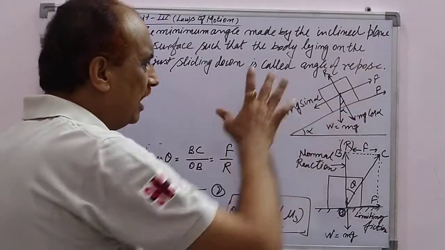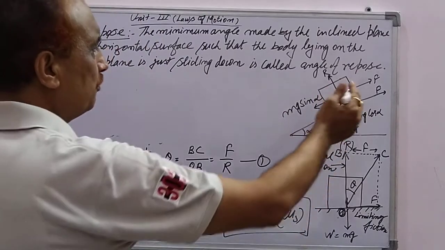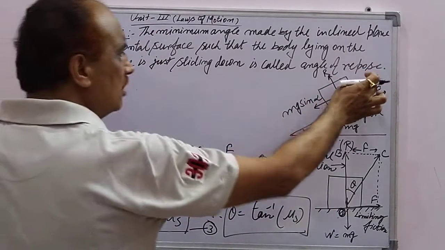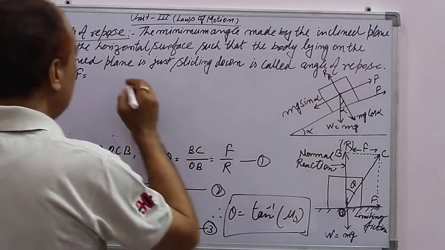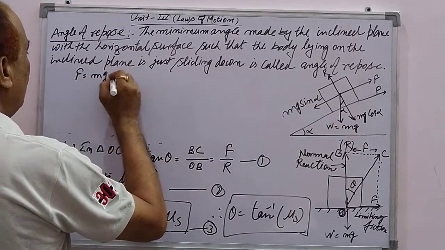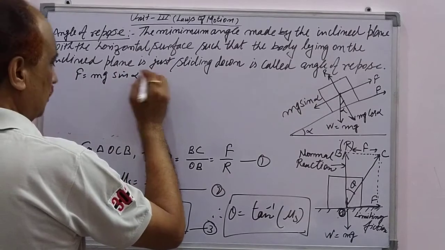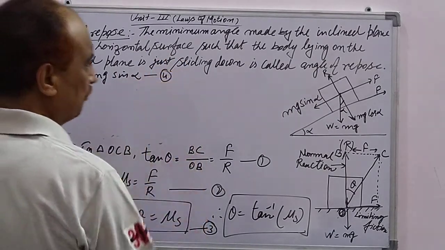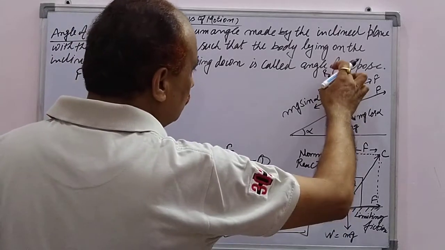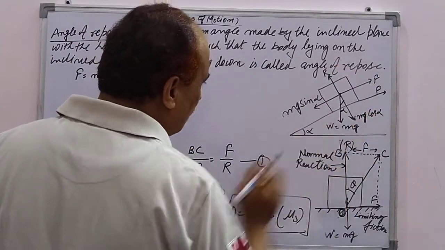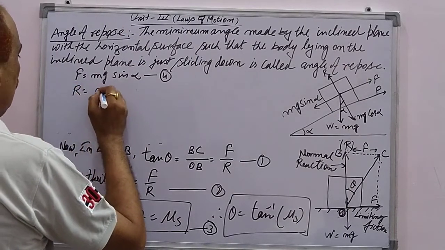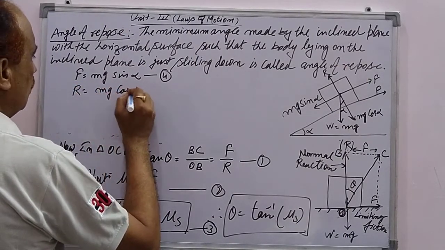From this diagram, the limiting force of friction F is counterbalanced by the force mg sin alpha. This is equation number 3, so F equals mg sin alpha, equation 4. The normal reaction R is counterbalanced by mg cos alpha, so R equals mg cos alpha.